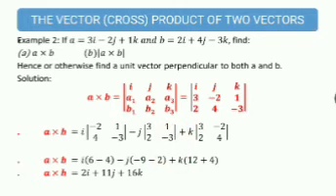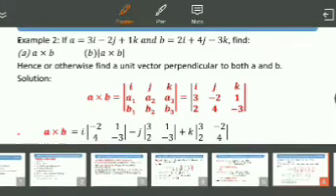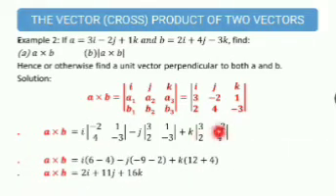Then plus k, 3 multiplied by 4, 12, minus 2 multiplied by minus 2, that's minus 4. So minus 4 will give you plus 4. So 6 minus 4, that's 2i. Minus 9 minus 2, that's minus 11. Minus times minus outside here is plus. So plus 11j. Then 12 plus 4 is equal to 16, so 16k. Is that clear?